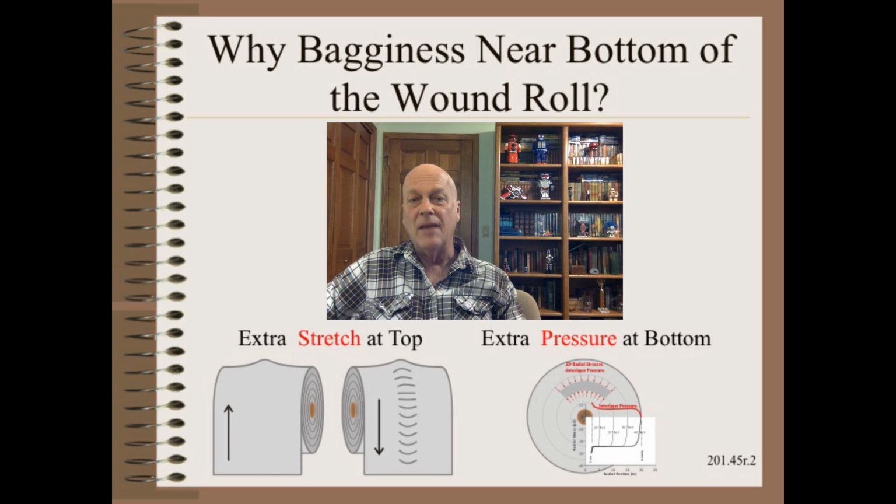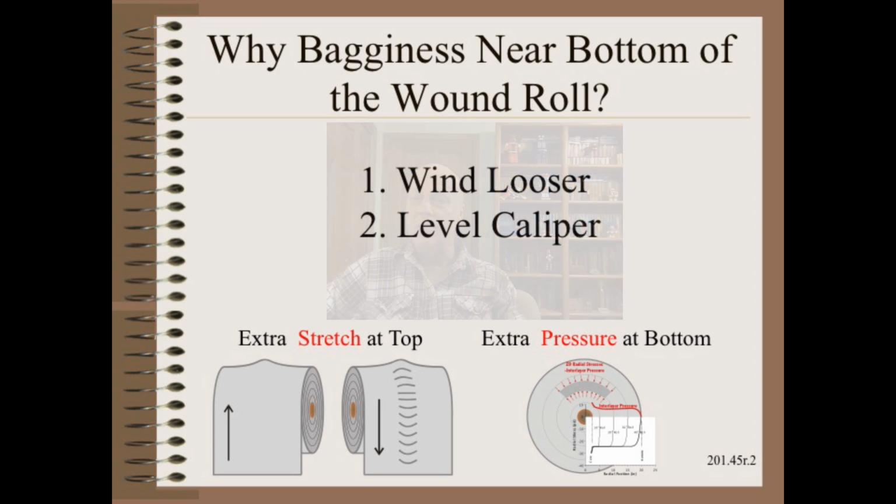The location of that band is most important for troubleshooting bagginess, not whether the problem is more severe at the top or the bottom. The same two general options exist whether at the top or the bottom. Loosen the wind, level the gauge variation. Loosening the wind is covered in great detail in my Web 101 class and elsewhere.